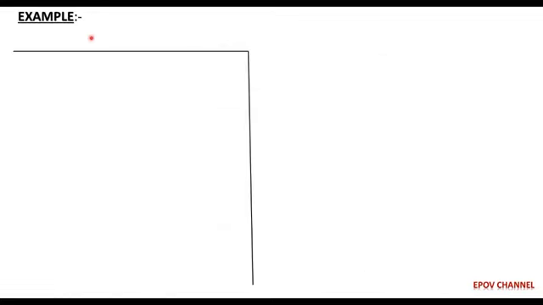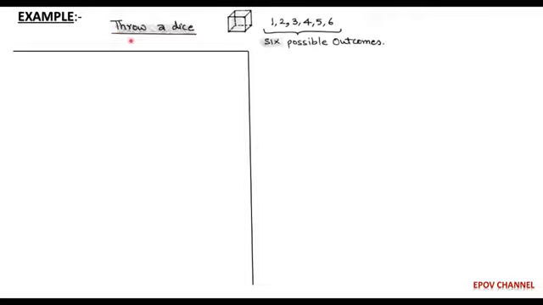Now, to understand the concept of events, we take an example of throwing a dice. When we throw a dice, we may get 6 possible outcomes, that is 1, 2, 3, 4, 5, 6. Which means corresponding to these 6 possible outcomes, we assign sample points.